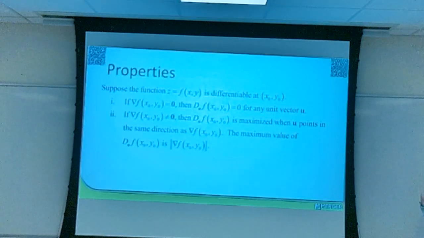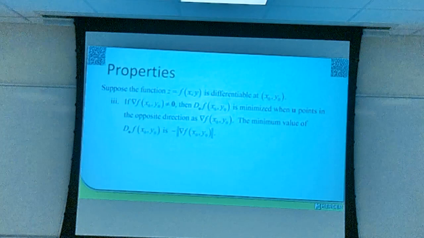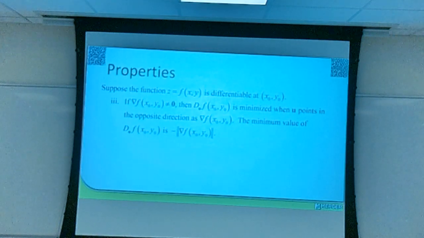So your maximum rate of change is the magnitude of the gradient, and it's in the direction of the gradient. Conversely, it's minimized in the direction opposite of the gradient, and its minimum rate of change is the negative of the magnitude of the gradient.